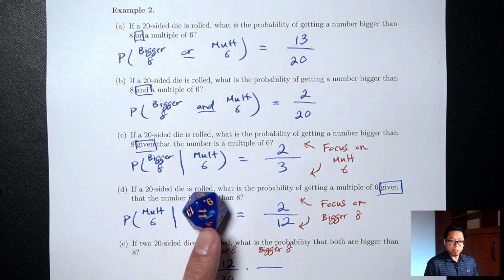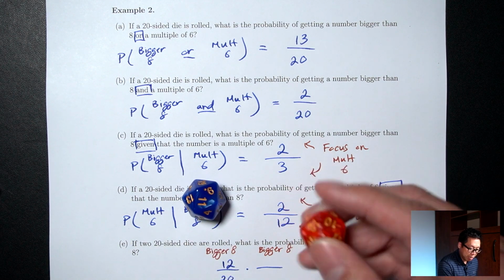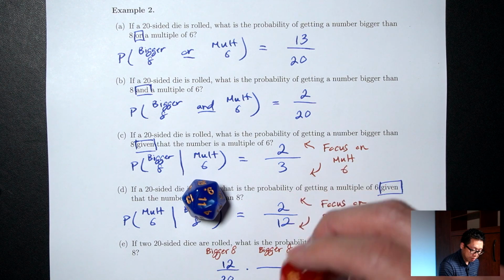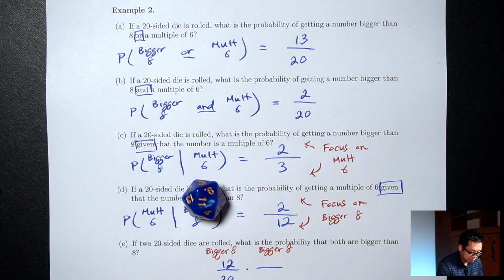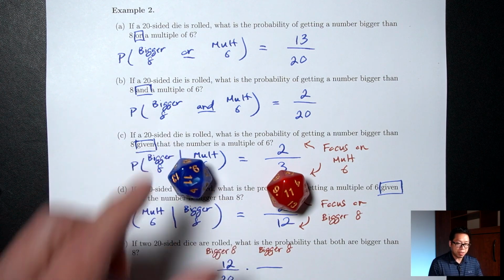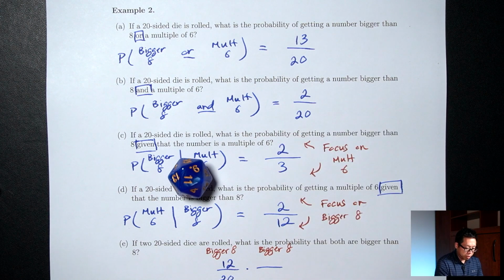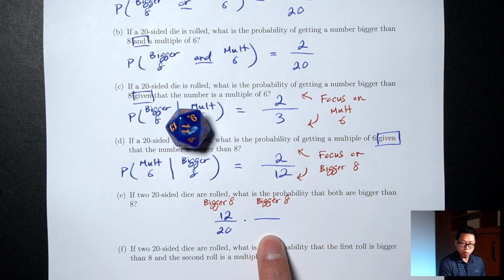whatever happens on the first dice, right here it's 11, I can still get an 11 on the second dice. Whatever happens on the first dice, for the second dice, because it's a separate dice, I should still have the full 20 for the second dice.